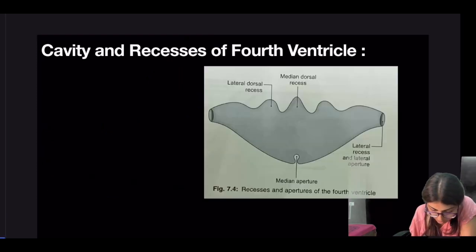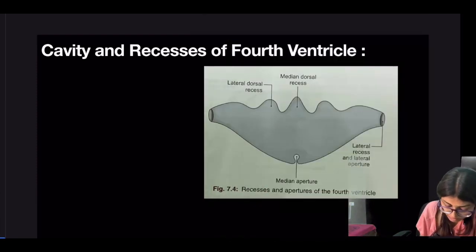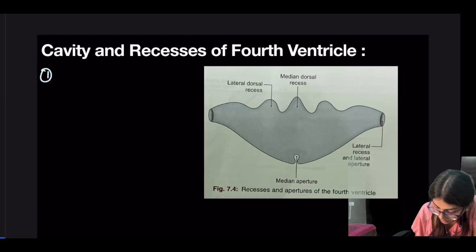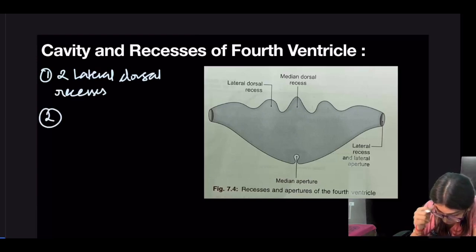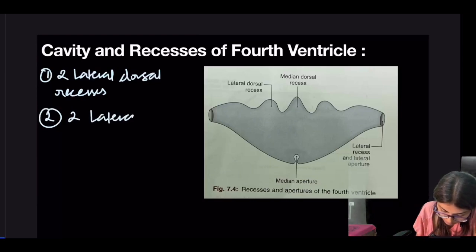Now we will discuss the cavities and recesses of the fourth ventricle. We have seen there are five recesses. First are the two lateral dorsal recesses. Second are the two lateral recesses.